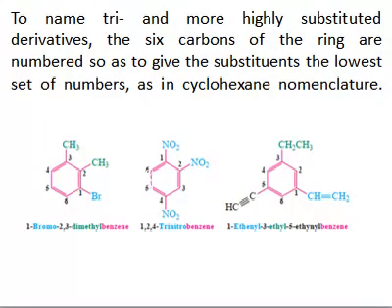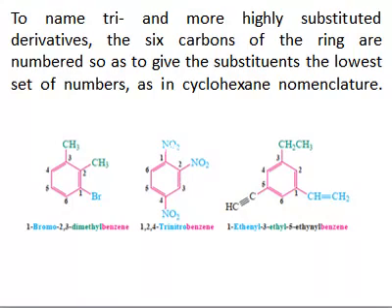So next is this system, where we can number it 1, 2, 3, or we can have it 1, 3, 4, 5, right? In case we are starting the numbering from here, the first substituent is on carbon number 1 and the other is on carbon number 3.